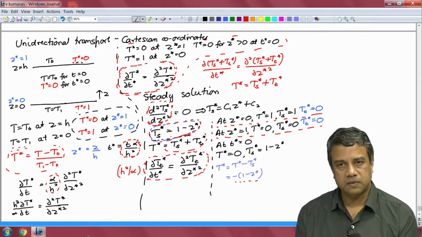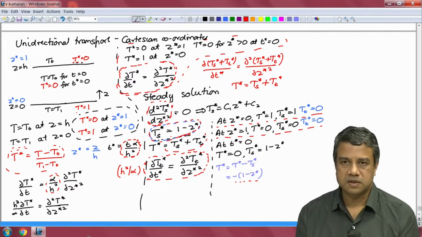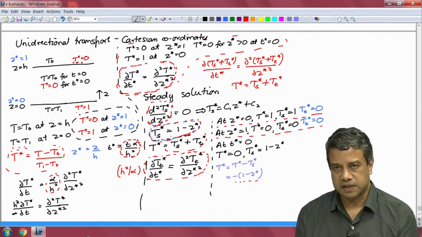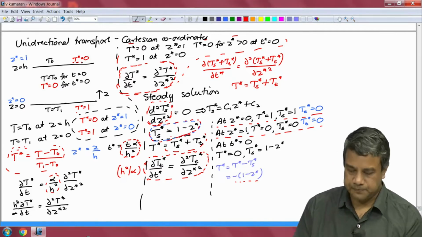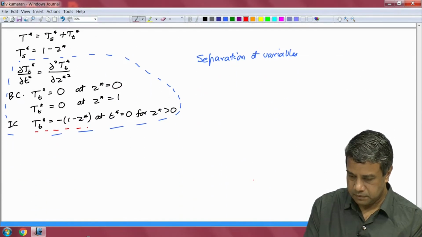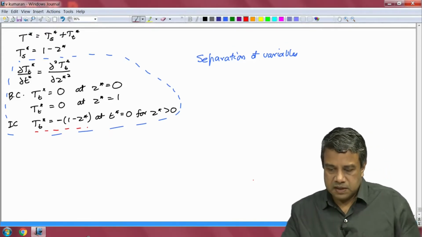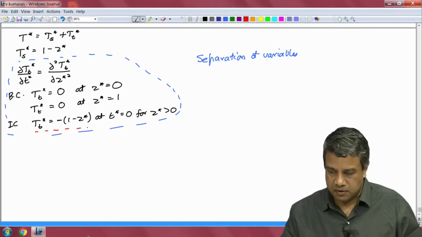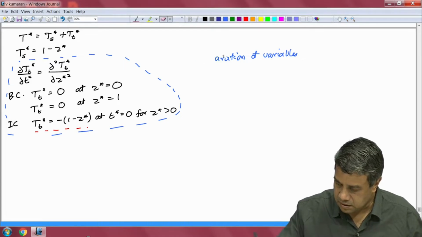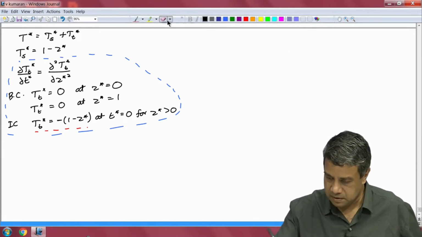If we can determine the transient solution, we can then use that to find the total temperature as a function of z and time. So, these are the equations and the boundary conditions, and the method I will use is called separation of variables.